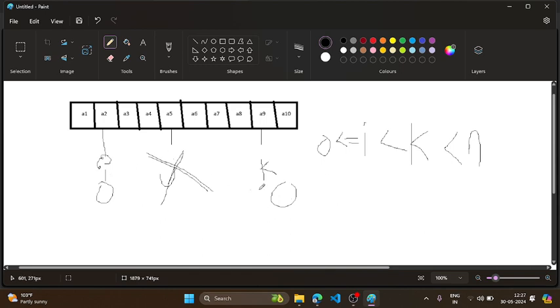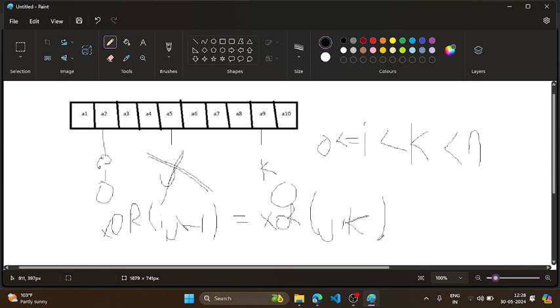Suppose I have i, j, k, and I am calculating the XOR of i to j minus 1. The XOR of i to j minus 1 should be equal to the XOR of j to k, right?